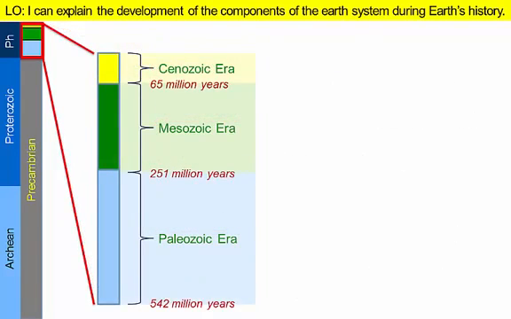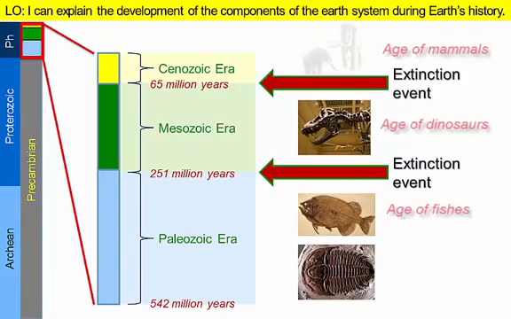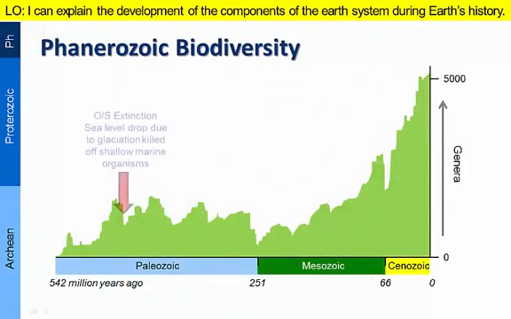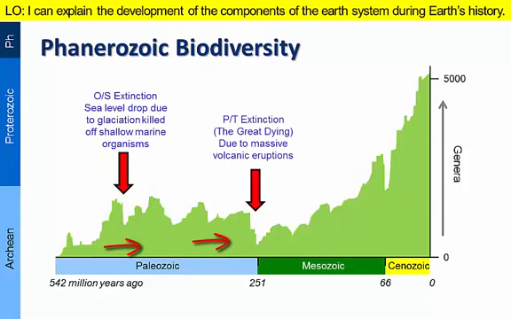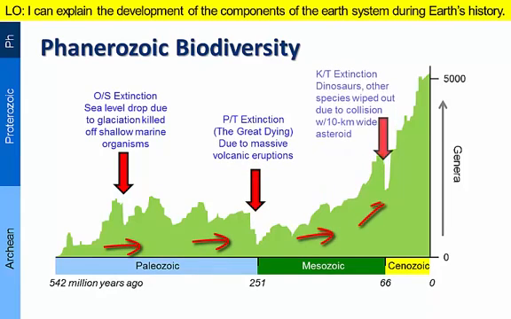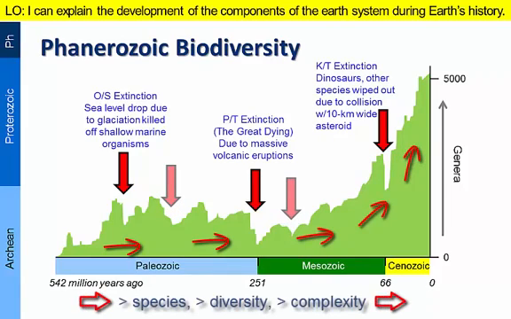The breaks between the Paleozoic and Mesozoic and the Mesozoic and Cenozoic eras represent two major extinction events that significantly reduced the number of organisms present on the planet. Generally, you can see that this graph shows an increase in the number of genera with time, except for 5 major extinction events, the most significant of which occurred between the eras. Extinction can be due to various causes, all of which result in a dramatic change in some part of the Earth system that affects key populations of organisms.